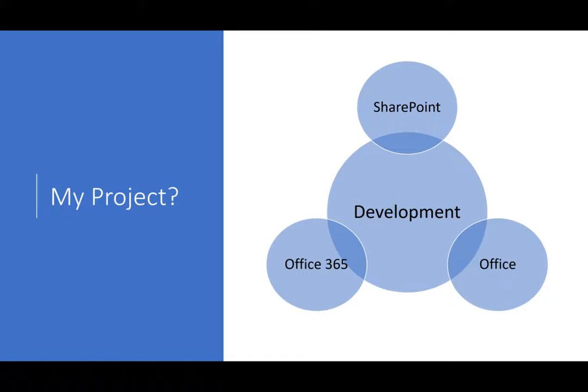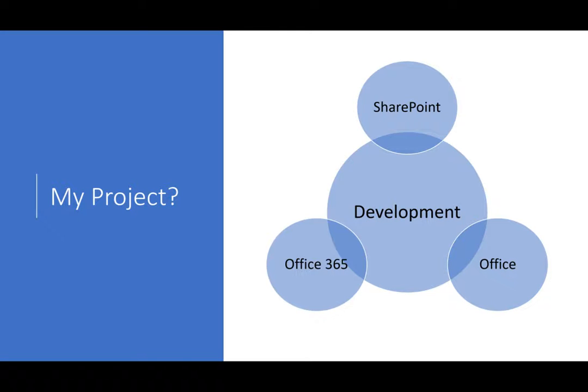So let's first look at the project scenario. Whenever you start a project, you have a lot of requests from the customer. We have a requirement, we would like to build some process flow. We would like to build some document management system. We want to build a mobile application.